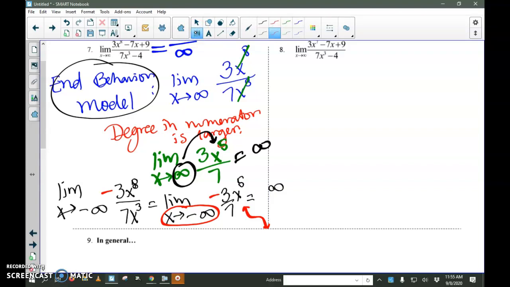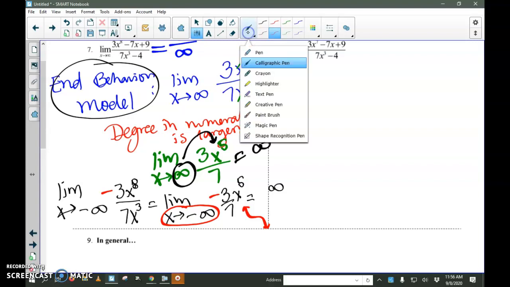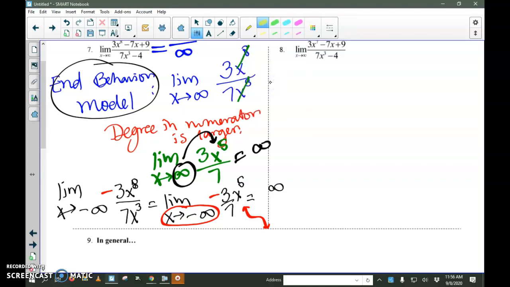So I'm doing these basic examples to get you thinking about the end behavior model and applying that limit. But you have to pay attention as you move through your practice tomorrow. You have to pay attention to what x is approaching. You have to pay attention to the sign of the leading terms.